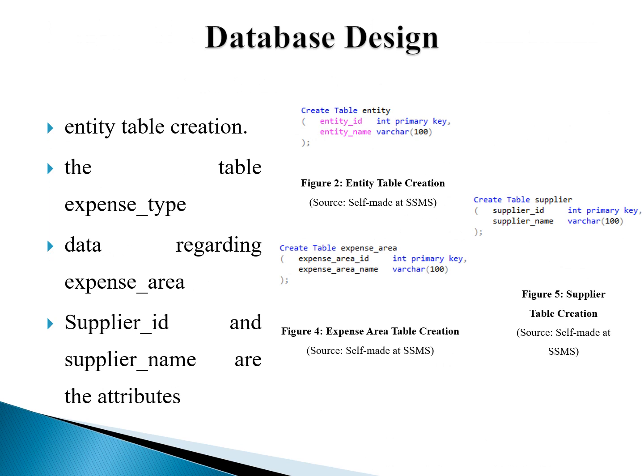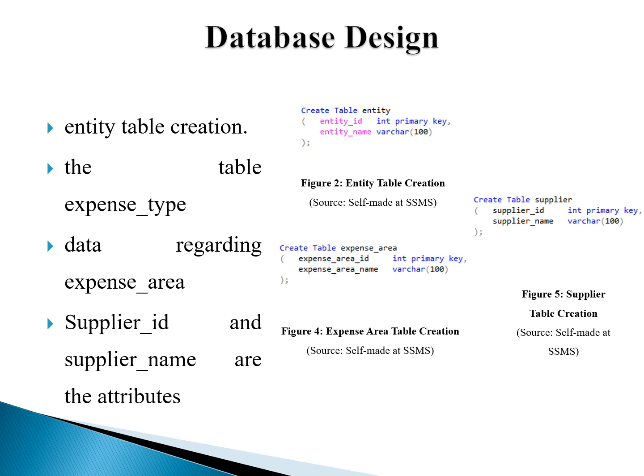Next is database design. The diagram is for the entity table creation. Here there are two attributes, entity ID and entity name, and entity ID is the primary key.